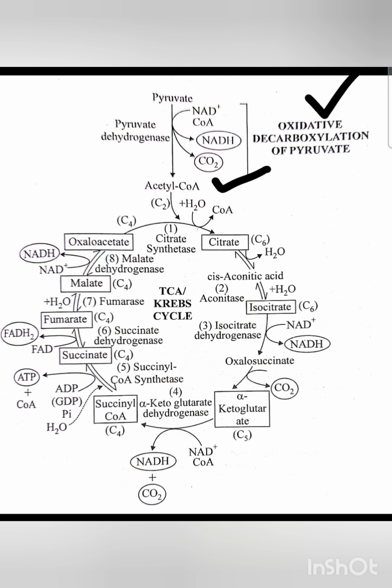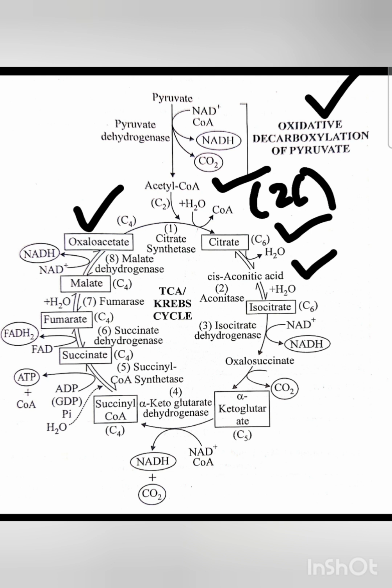So acetyl coenzyme A, a 2-carbon compound, enters into the Krebs cycle. Then by adding with oxaloacetic acid, the acetyl coenzyme A forms citrate. Acetyl coenzyme A is a 2-carbon compound, oxaloacetate is a 4-carbon compound, so together they form a citrate with 6 carbon.